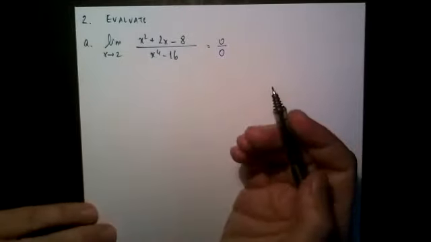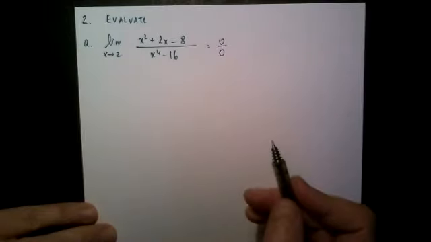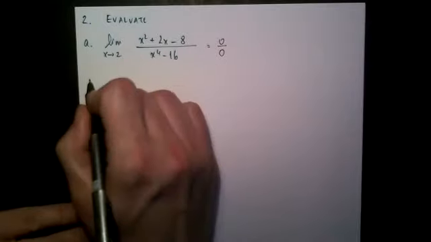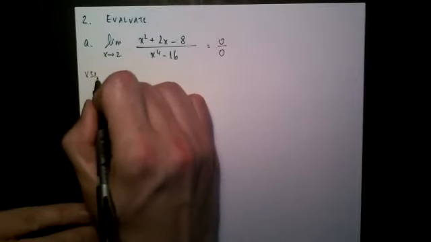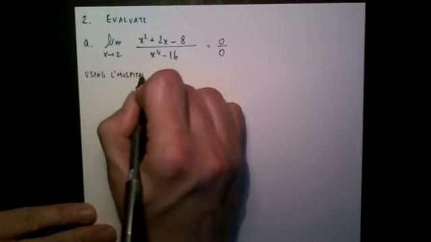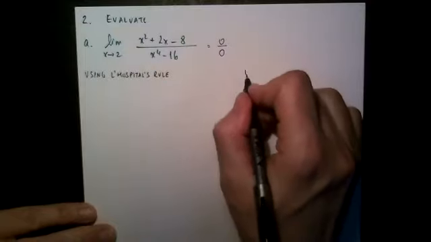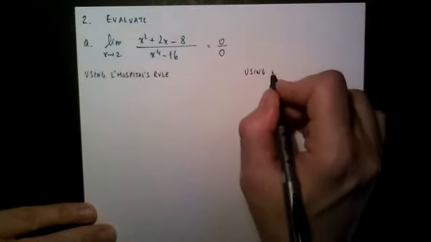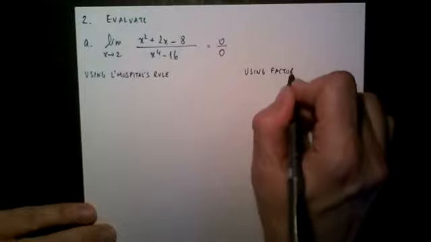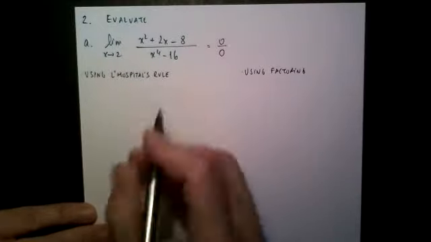Either I do L'Hopital's rule because I have 0 over 0, or I factor. So might as well, I'm going to do both. So using L'Hopital's rule, and then using factoring. Of course on the exam you use whatever you prefer.